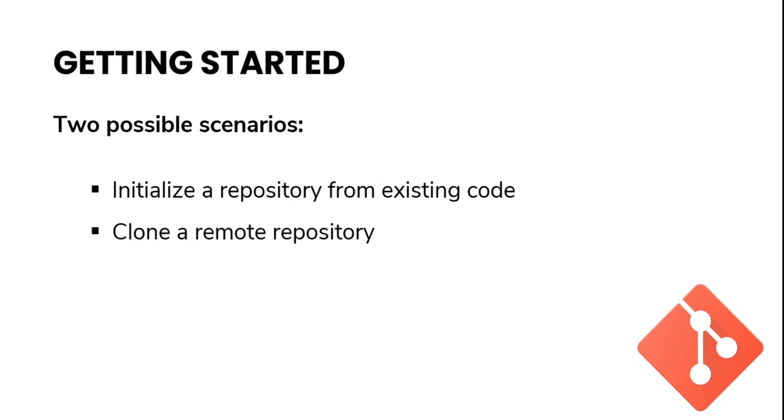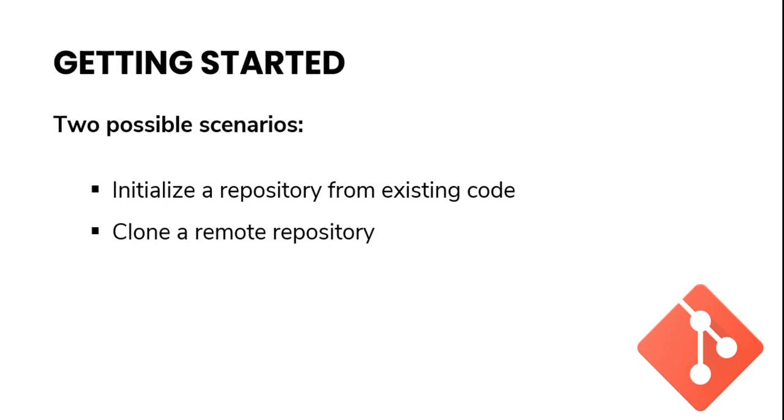The second scenario is there is a repository already online, probably in a GitHub repository or a Bitbucket repository, and all you want to do is clone it to your local PC to work on it locally. Now, when you are cloning a remote repository, I'm pretty sure that remote repository has already been initialized, so you don't have to run the git init command on it again.